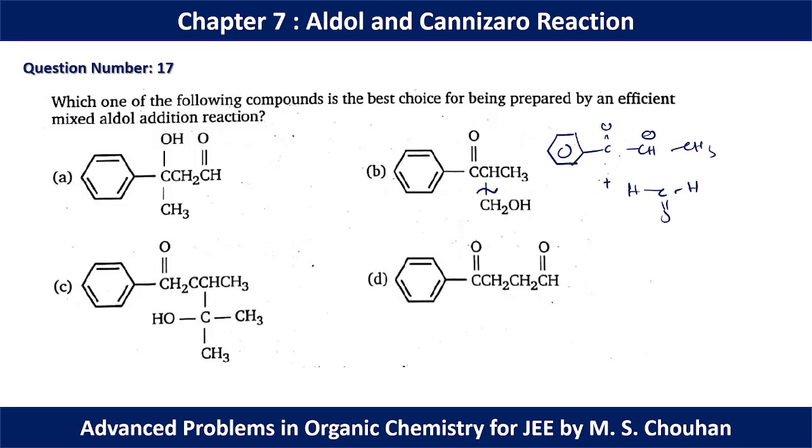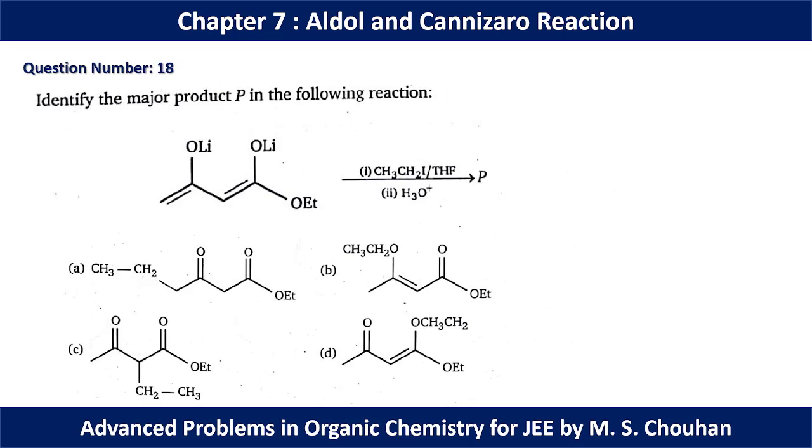As we know that the reactivity of formaldehyde is the highest for the nucleophilic addition for any aldehyde and ketone, so we can say that in the mixed aldol reaction we have the highest rate of the reaction for option B molecules. That's why for question number 17, option B should be the correct option.